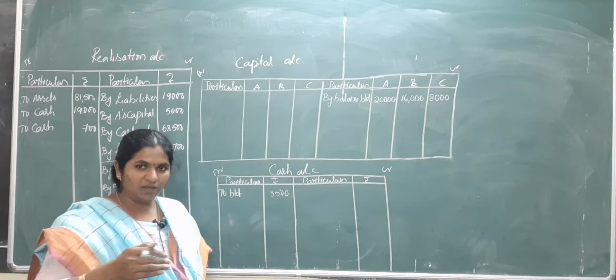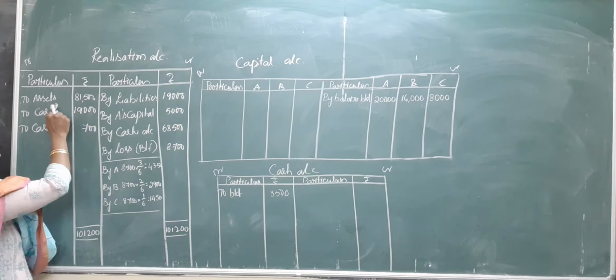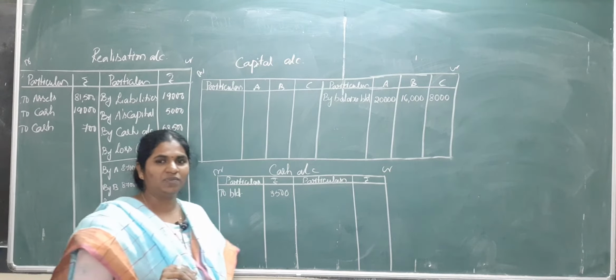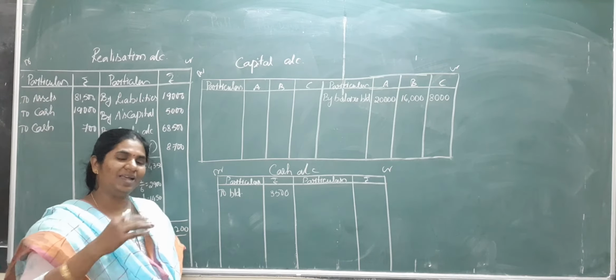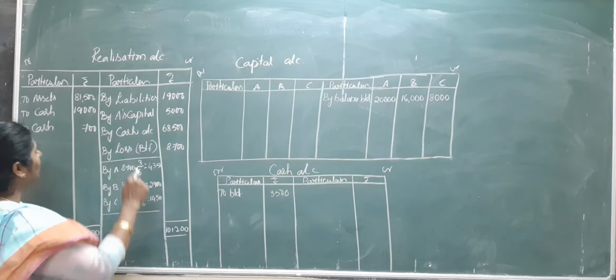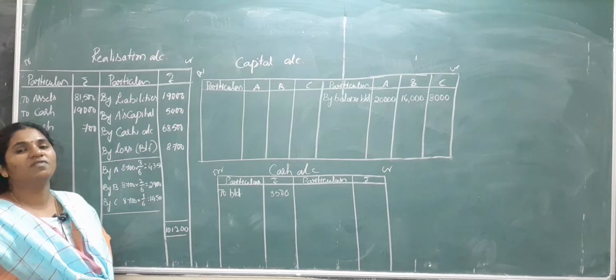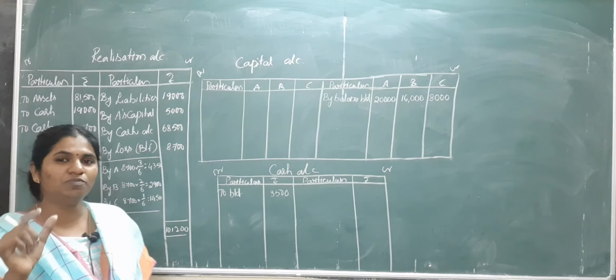Because of lack of time, I have written just assets account 81,500. So either you can write them individually or as a sum. So total assets transferred to realization are 81,500. That is about the first journal entry posting.